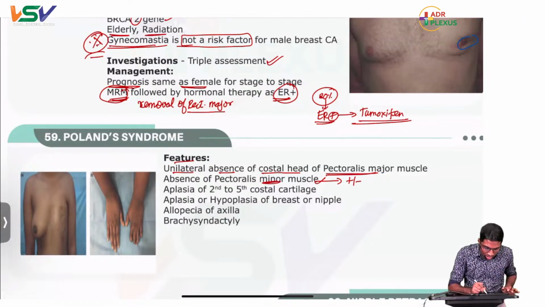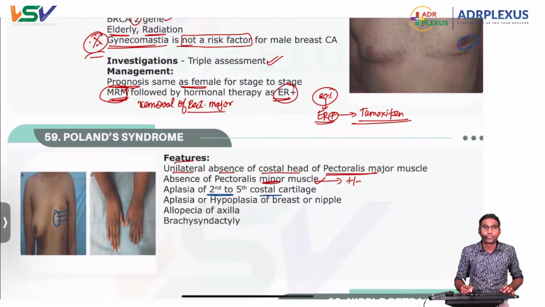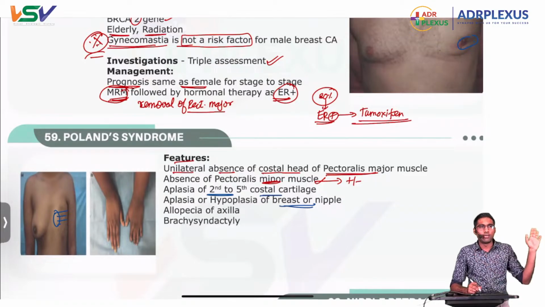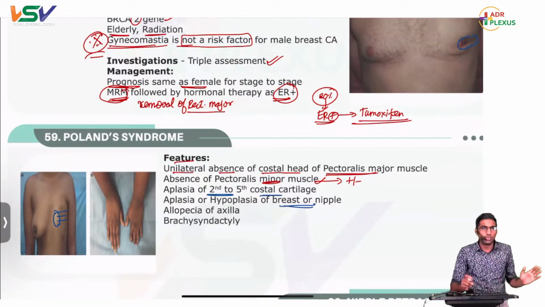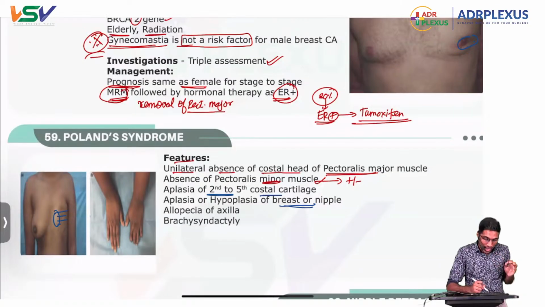Then aplasia of the second to fifth costal cartilage. You can see the costal cartilage is absent here. And the nipple areolar complex is also having aplasia. There is no breast development, there is no nipple. Then alopecia will be present. And brachysyndactyly.